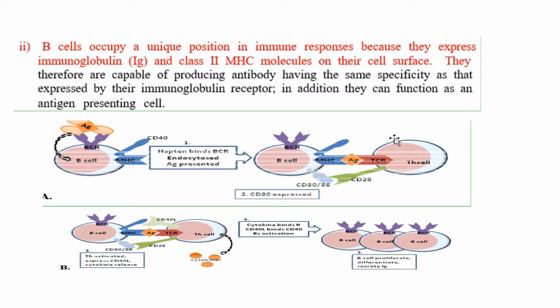So these figures show an attempt of a hapten carrier conjugate model. The mechanism is thought to be the following. The hapten is recognized by the immunoglobulin receptor on the B cells. The hapten carrier is brought into the B cells by endocytosis.